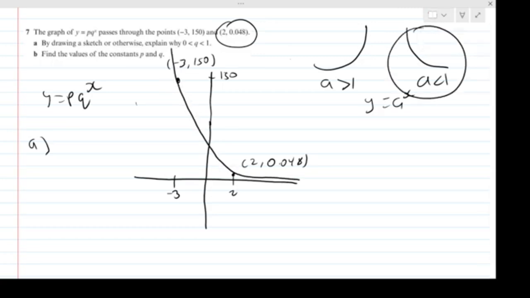It comes down. But that graph occurs when a is less than 1. So in this case, q, our base, is less than 1.